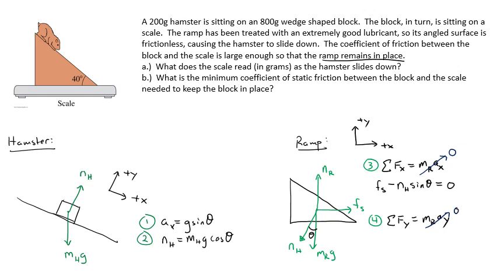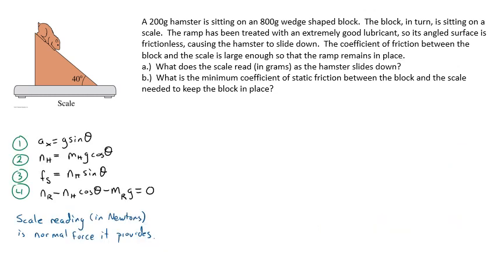And so in the y direction, we've got NR minus MR times g minus NH cosine theta equals 0. So those are the four equations we get from applying Newton's second law to this system. So now on the next slide, I will just write down those four equations, and then we'll start thinking about how to solve the problem.